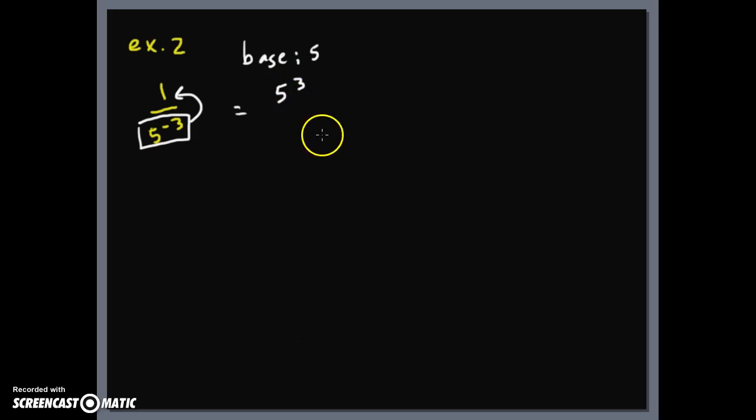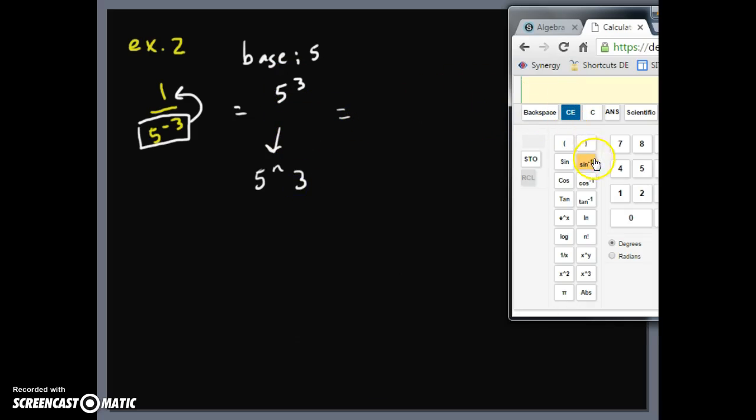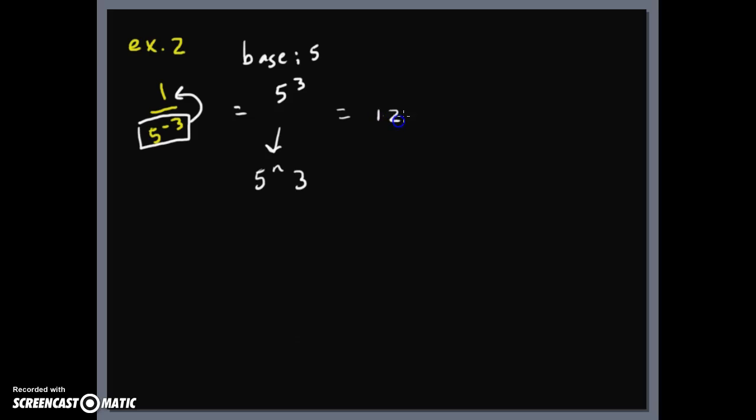We don't need to write it over 1, because you don't need to write things over 1 if you don't have to. So how would you put this into Schoology? You would just say 5 to the third power. And evaluating this, we're just going to take 5 to the third power, which equals 125. So that would be our answer for this one.